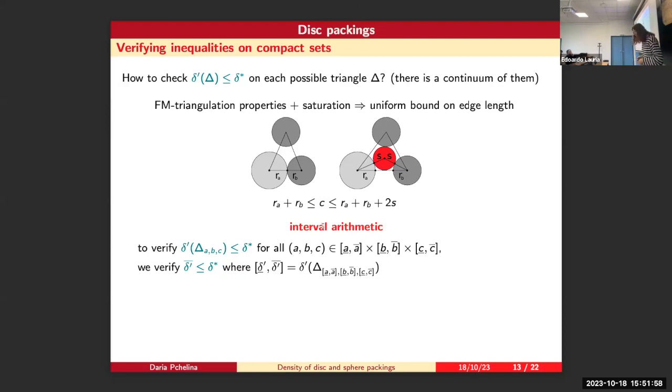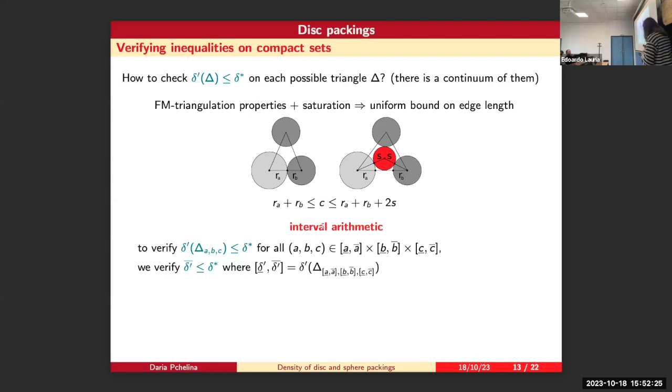In interval arithmetic, each value is represented by an interval, and we can apply arithmetic operations or functions to intervals, and we're always guaranteed as a result to get an interval which will contain all possible applications of our function to all possible values of the initial interval.